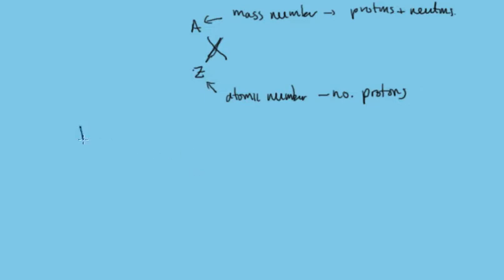For example, the element helium atom has 2 protons and it can have a mass number of 4, and that will tell us that there's going to be 4 minus 2 neutrons. Every element can be defined by its atomic number and its atomic symbol here.